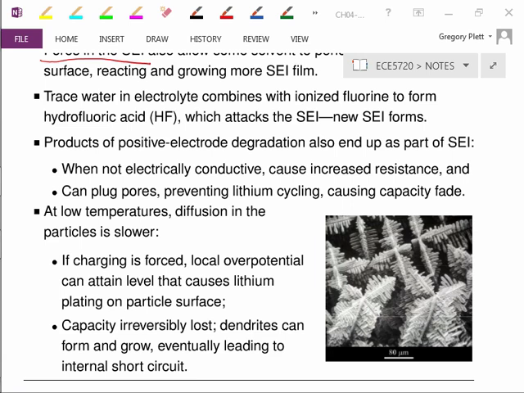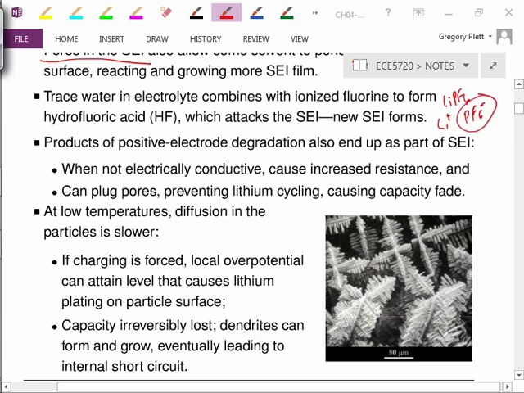And trace water is a problem because I've got usually something like LiPF6 as my salt in the electrolyte, and that breaks down, as you know, into Li+ and PF6-. However, in the presence of water, this PF6- is not stable, and it breaks down further and forms hydrofluoric acid. And hydrofluoric acid is really nasty stuff.